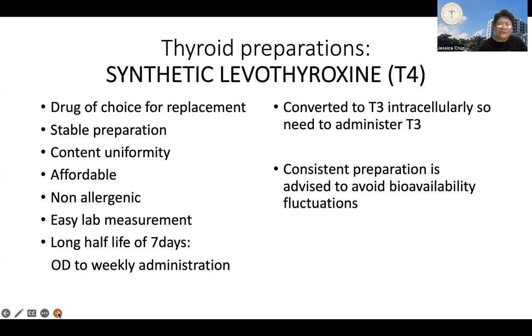Because it has a long half-life of 7 days, it can be given from once a day to once a week dosaging. Now, in ordinary circumstances, you don't really need to give supplements with T3 because, as we know, T4 naman is converted peripherally to T3. So, one of the important patient education is for the patients to be consistent in the preparation that they use.